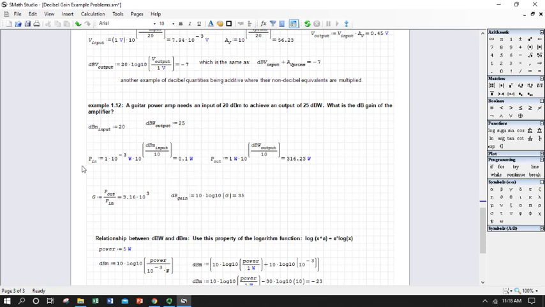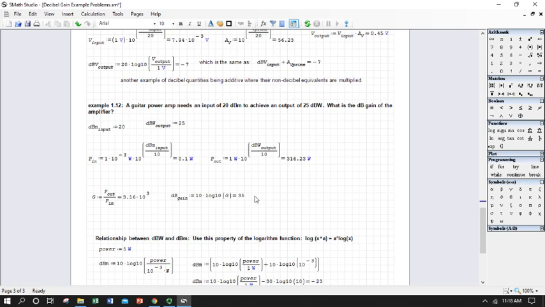So I took my power input in dBm and got 0.1 watt and gave myself an expression for the power output, same thing, got an ordinary gain ratio, and then just converted to decibel scale and got 35. So that's kind of the sure thing way of doing it.